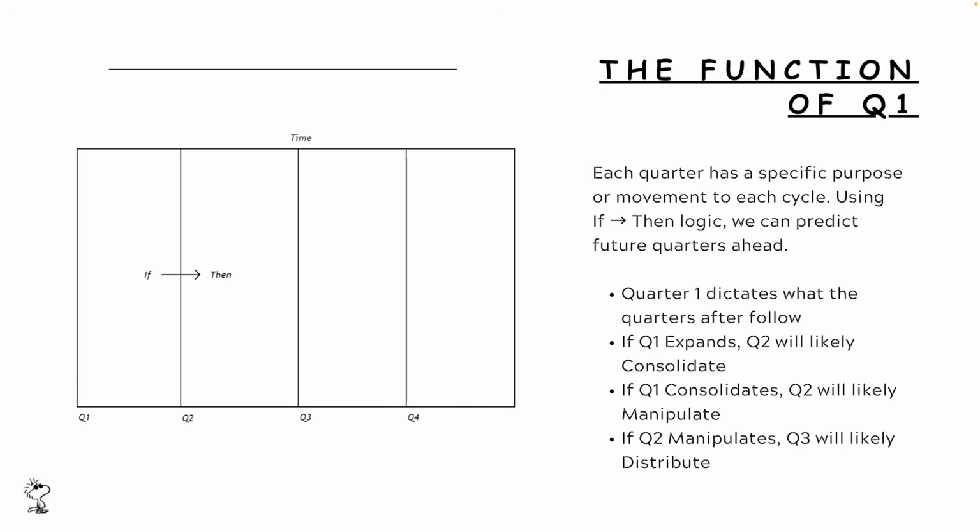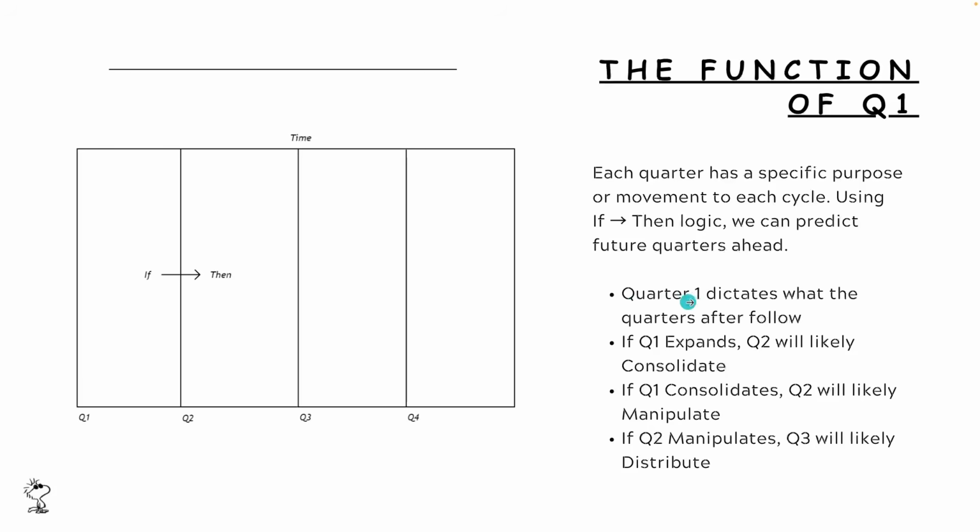You will never necessarily know whether quarter one is going to be A, accumulation, or X, expansion, until quarter one finalizes. So a lot of the time when I trade the New York AM stock exchange, I'm usually waiting until quarter three, meaning I already have the information of quarters one and two to dictate what quarter three is going to do, which gives me a lot of accuracy within my trading positions.